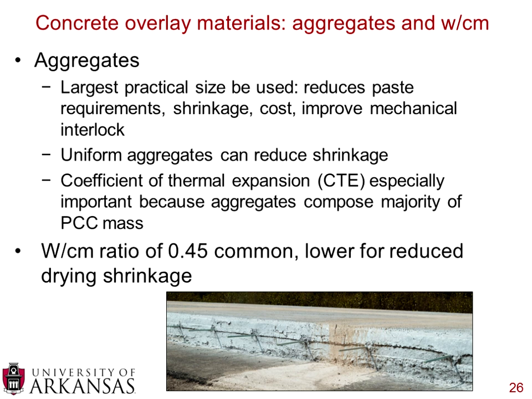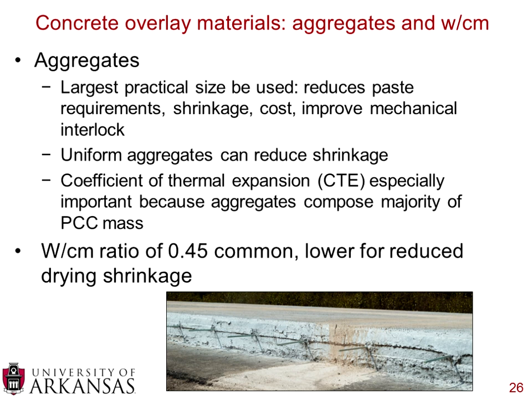When you're thinking about the aggregates as a material and your water to cementitious ratio, they recommend that the largest practical size of aggregate be used because the larger aggregate that you use, the lower amount of paste requirements you have, and the lower amount of paste requirements you have, the lower amount of cement. And cement is the most expensive component of concrete pavement, so you can reduce your costs.